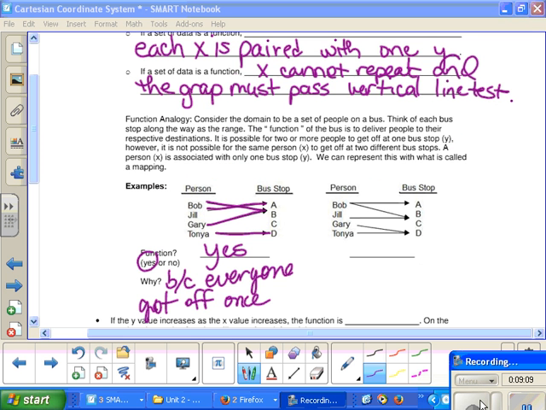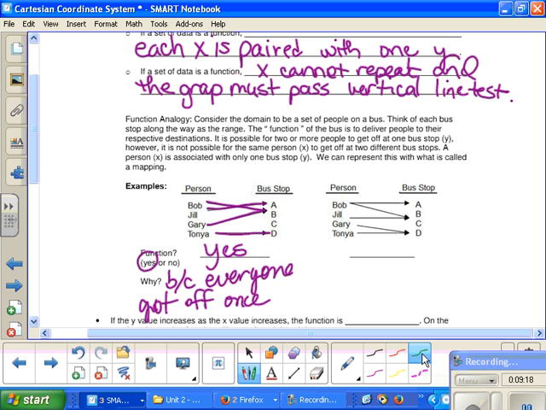So this would be a function because everyone got off the bus one time. No problem. If I look at over here, well, Jill's okay, she got off once. Gary and Tanya both got off at D, but Bob is a problem. Because if Bob got off at A, he can't get off at B because he's not on the bus anymore.